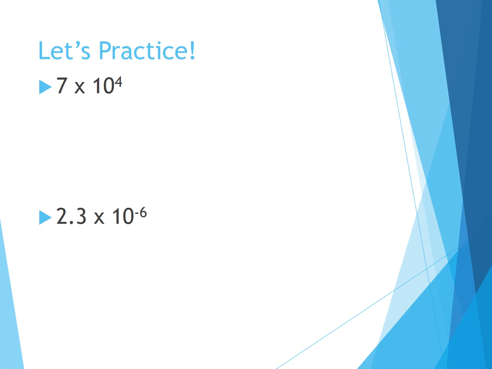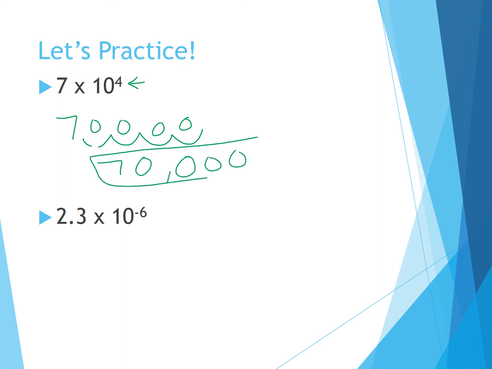Practice that. So I have 7 times 10 to the 4th. This is a positive number, so we're going to move it to the right. So I have 7, and then we're going to go 1, 2, 3, 4. Put zeros in. And that's going to be our answer, 70,000. All right, let's look at this one. This is a negative, so we're going to move it to the left.